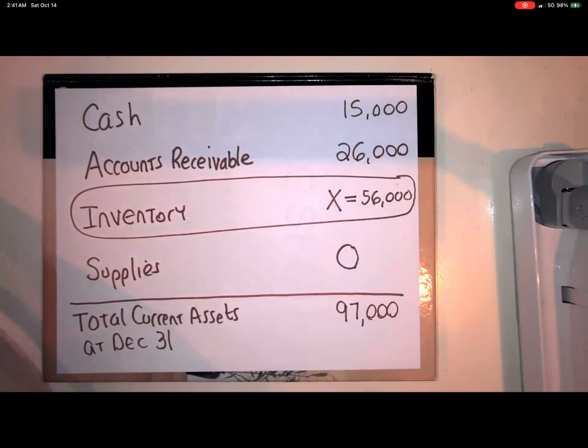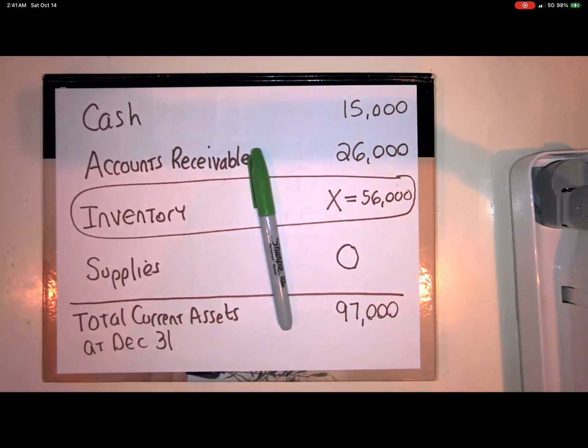A supply, and this is an excellent example of a supply, is something that you use in the normal course of your operations, but it gets used up very quickly, within a year's time. Right now, the markers I'm using write pretty good. But by the end of the semester, I'm going to have thrown them away because they won't write very well anymore. So the markers, the supplies, get used up quickly. The equipment is used up over many years. So they are two different things. Good question. Any other questions?